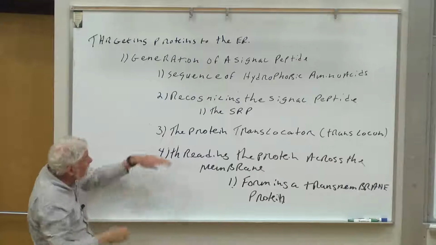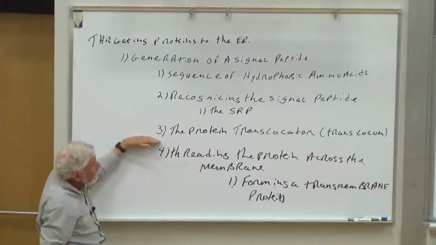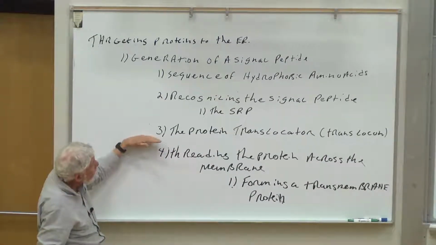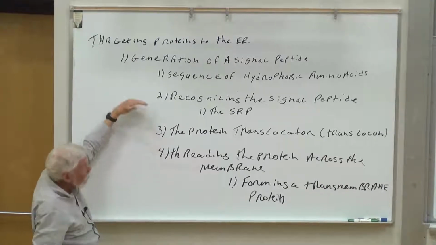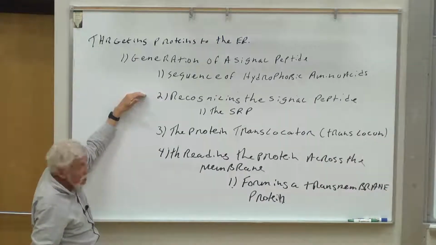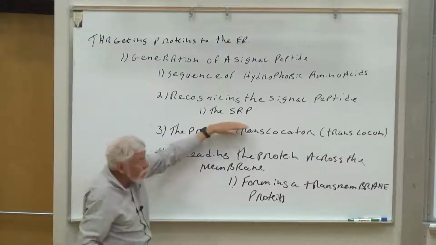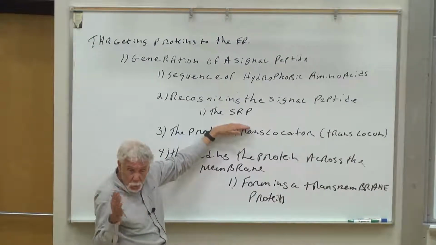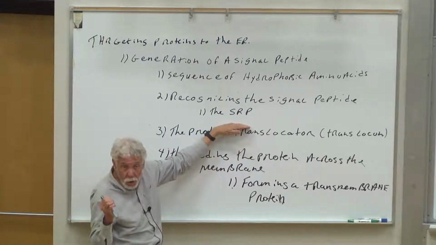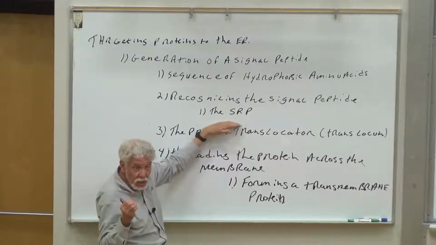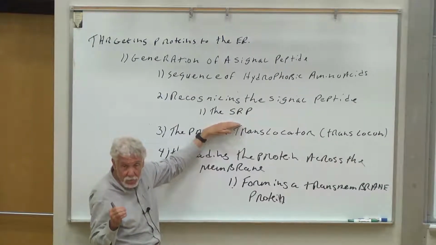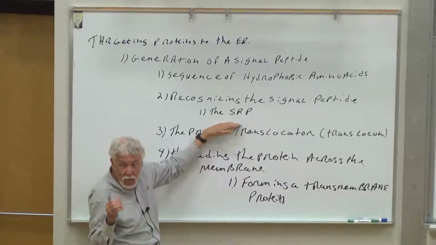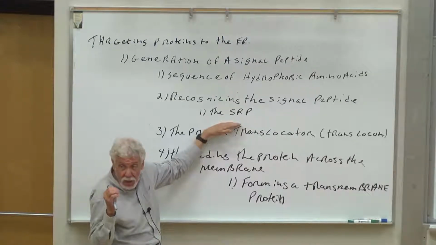There are going to be, in the endoplasmic reticulum, two important receptors, one of which is a receptor for the ribosome, and the other is a receptor for the signal recognition particle. Now, at this point, the signal recognition particle bound to the protein is in the cytoplasm. When it arrives at the endoplasmic reticulum, everything's in the cytoplasm.